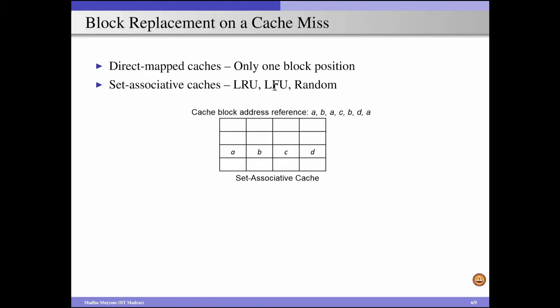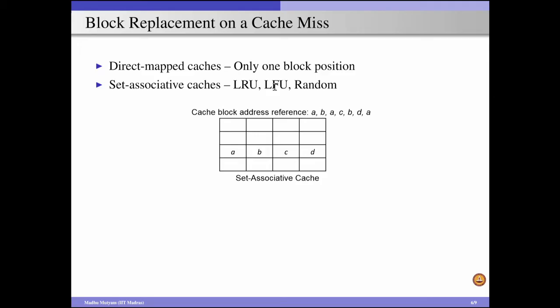When the processor requests the address location B, we keep the block in the second way and will continue. And after the processor generates an address for D, then we keep D in the fourth way of the set, and the state of the set associative cache after referencing the address location D is like this, where the third set has 4 blocks with the data corresponding to A, B, C and D.